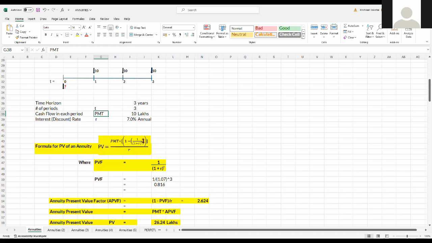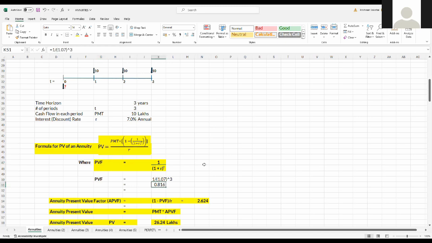We have substituted 1 divided by (1 plus R) to the power T with PVF, the present value factor, just for visual clarity and simplicity. Otherwise, we can just keep it as it is. So what is PVF? PVF is 1 divided by (1 plus R) to the power T. All these are given, so PVF comes to 0.816.